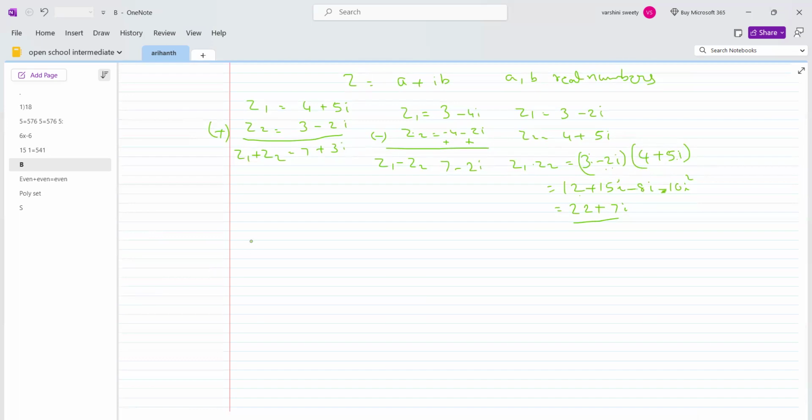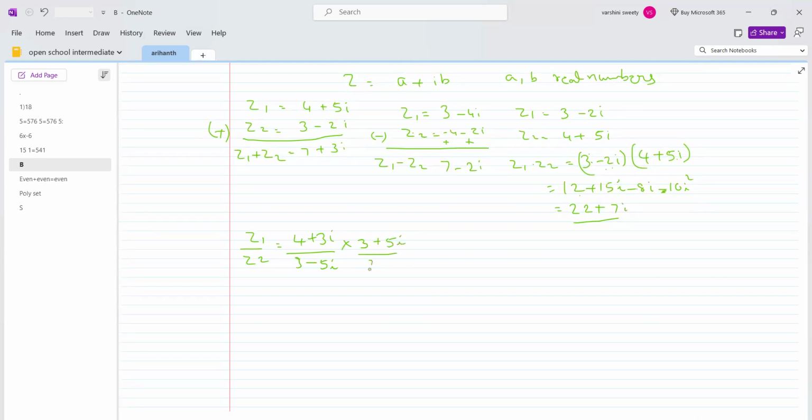How to divide Z1 by Z2? Suppose Z1 is 4 plus 3i and Z2 is 3 minus 5i. We need to multiply with its conjugate. The conjugate of 3 minus 5i is 3 plus 5i.